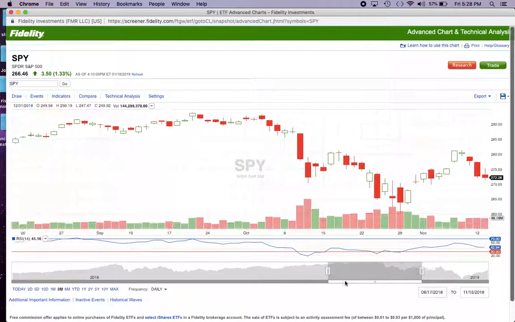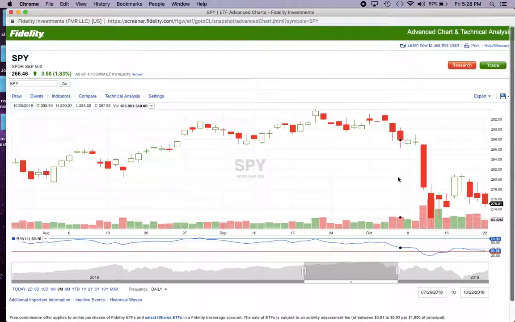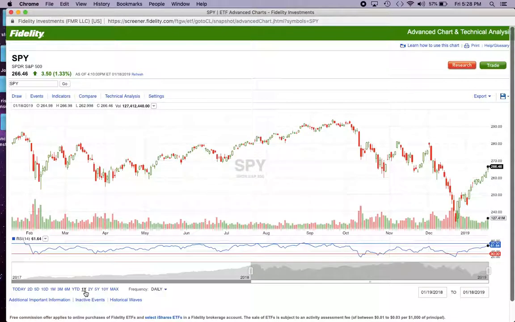Let's see, yeah, if you go to right here, you can see it predicted a little bitty bounce right there. If you would have bought on the day where it was oversold down at the bottom, you'd have made profit once again. And that's really what it's good at, long-term things and looking for reversals in the long-term trends.